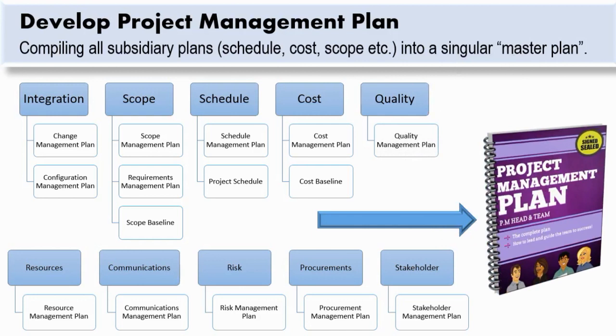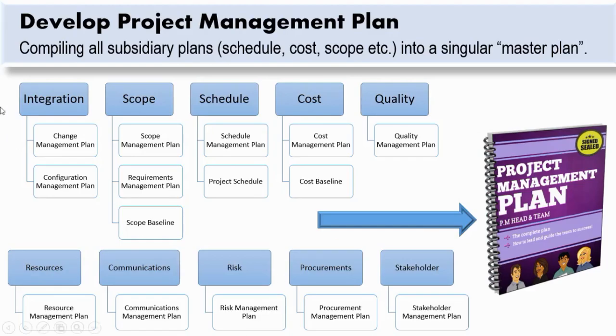Now, I don't show you every single plan that exists within the PMP Guide, okay? I also do not show you every single baseline, but this is an illustration to help you understand that this process is an integrative process, which means this process draws on many other processes to put together their outputs, to put together all of those subsidiary plans, be it, as you can see on the screen, change management plan, or the configuration management plan, or the schedule management plan, and so many more.